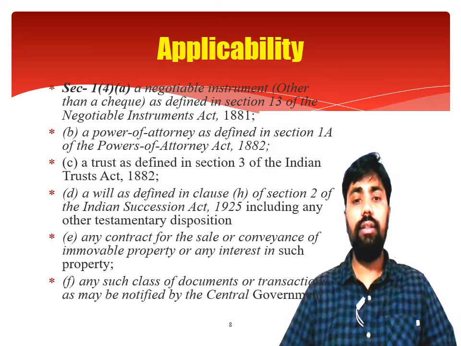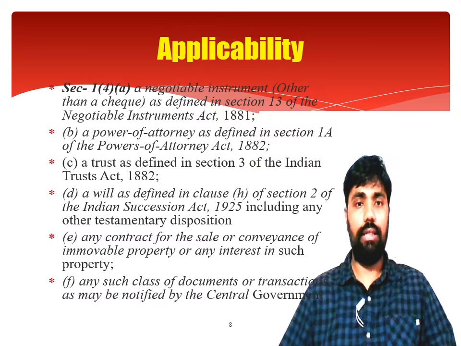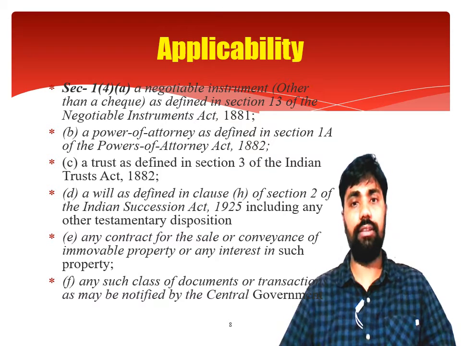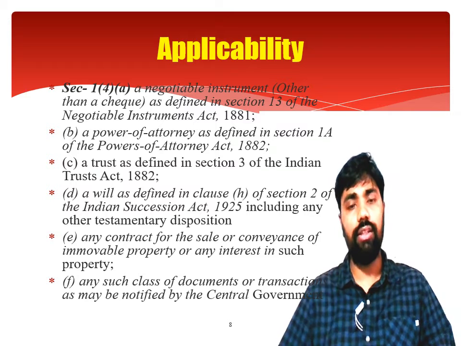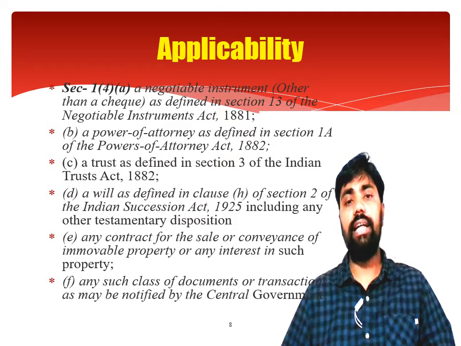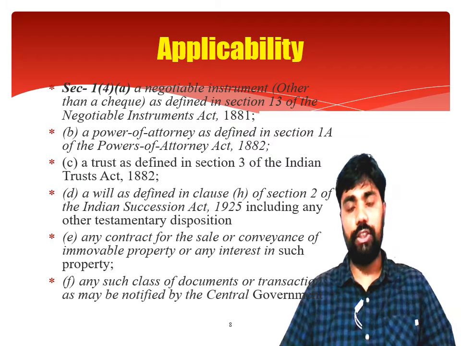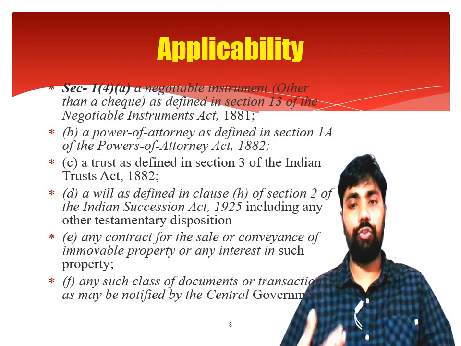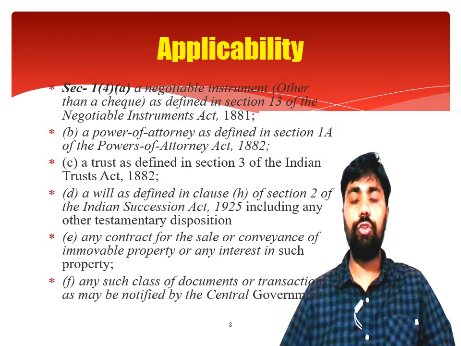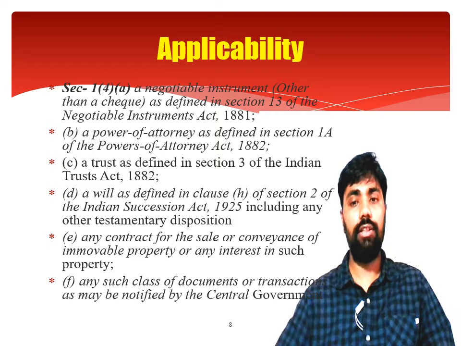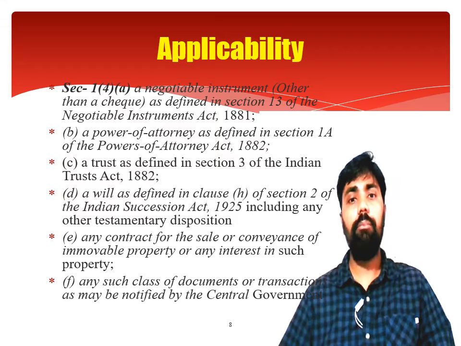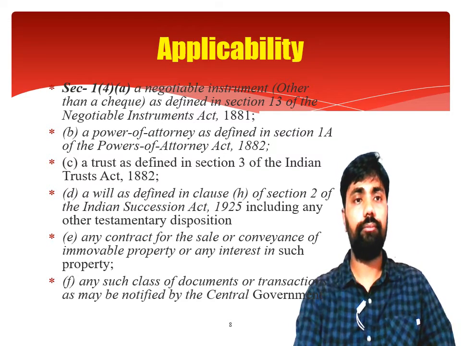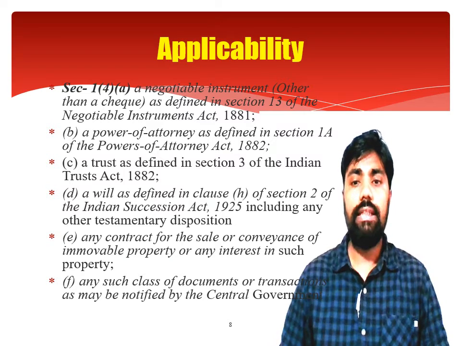For example, there is a negotiable instrument other than a check as defined in Section 13 of the Negotiable Instruments Act 1881, on which this particular enactment is not applicable, except a check. On a check, because we have the electronic check. In case of the electronic check and electronic fund transfer, the Information Technology Act is applicable, but there are certain other negotiable instruments, for example the promissory note.